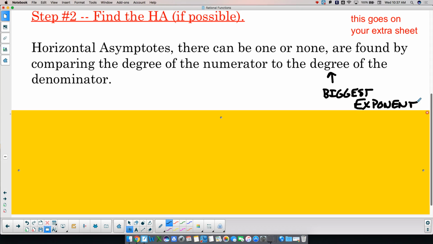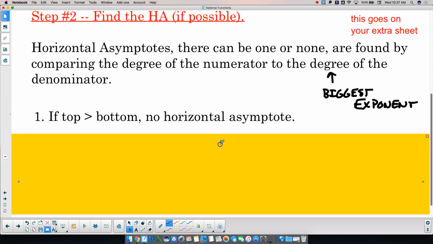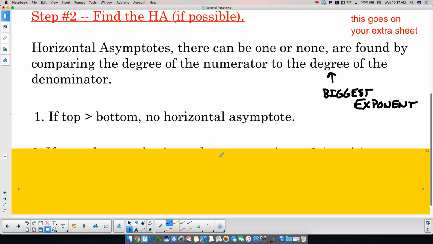Okay? So, if the top degree is greater than the bottom degree, so you have big over small, there is no horizontal asymptote, and you would write none.